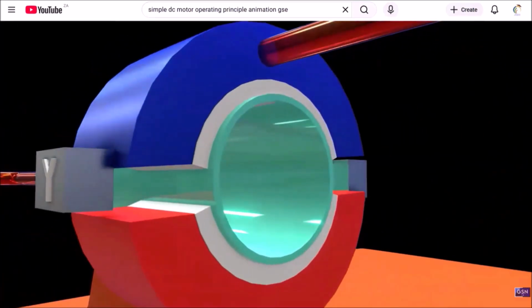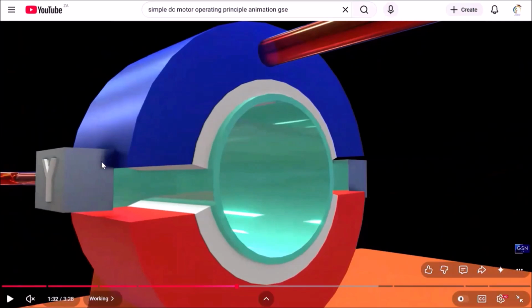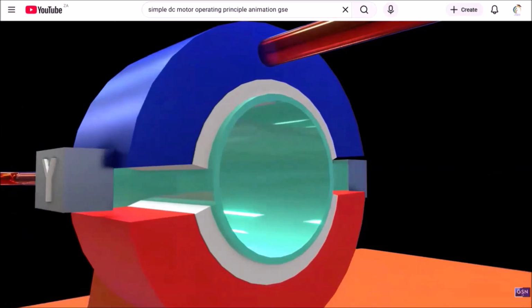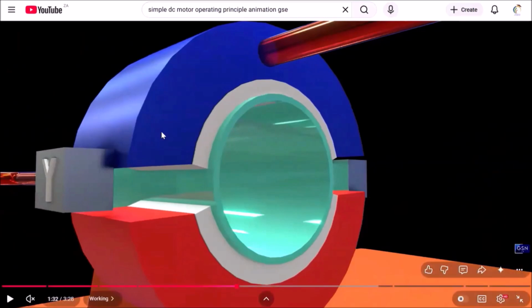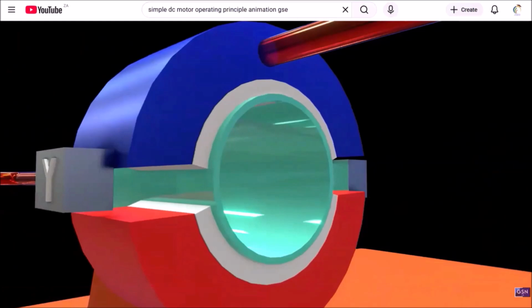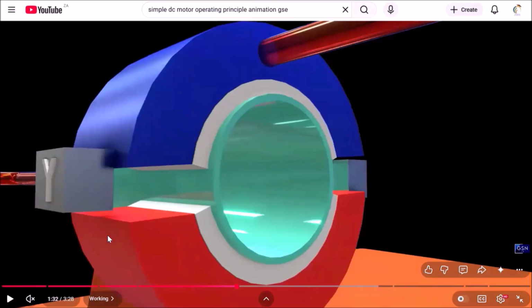Now, when the coil is at a vertical position, the split rings disengage from the brushes momentarily. No electricity will flow through the circuit, but the coil is already in motion. Brush Y will reconnect with the red split ring, and brush X here will connect with the blue split ring.